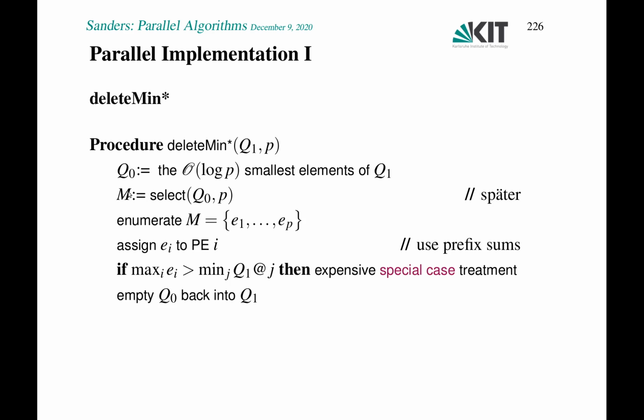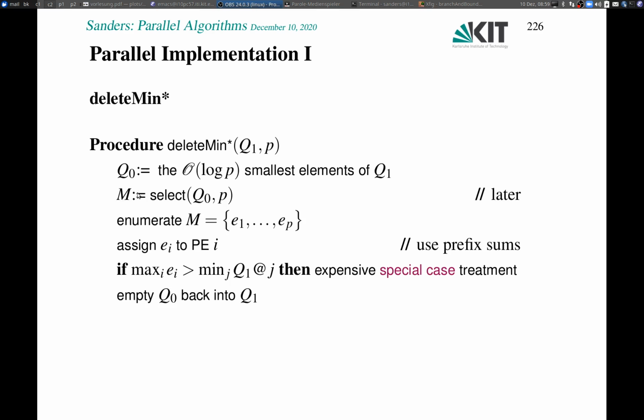Now we run another basic toolbox operation. We need a parallel algorithm for selecting the p globally smallest elements from the union of all the Q0s, and I will explain how that works later. What this means is that each processor has some fragment of this global set M in its local memory.